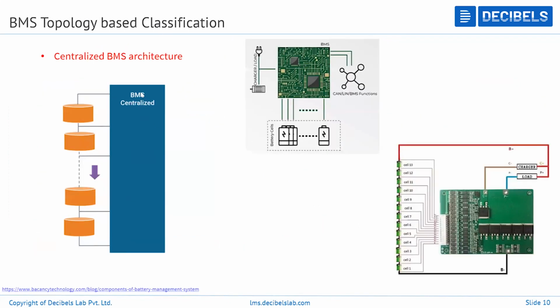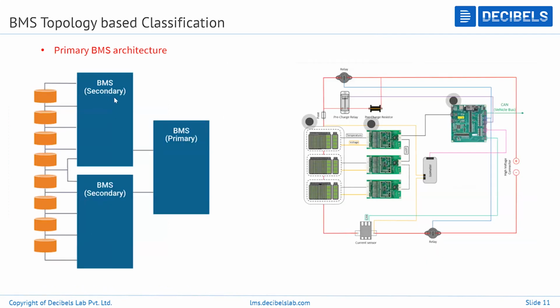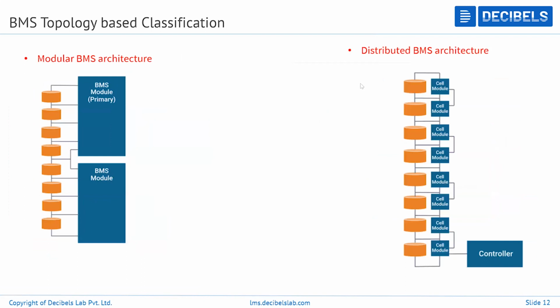So usually when I talk about centralized BMS, it is used in a single set, in small vehicle applications. This is the BMS for the heavy vehicle, and then, okay, one is the modular BMS architecture, and then the distributed BMS architecture.